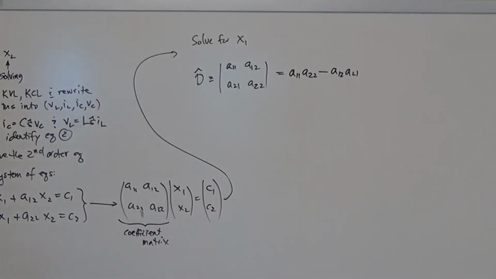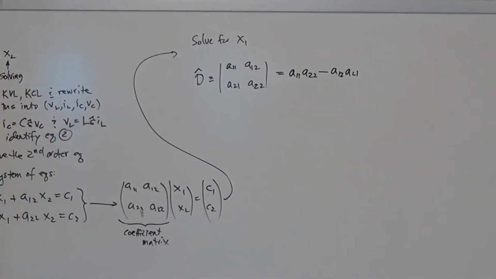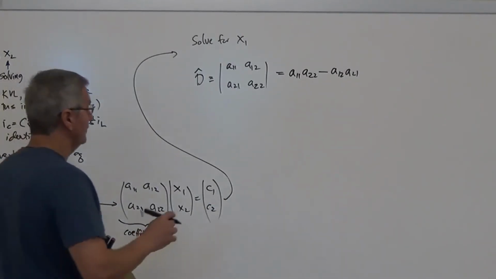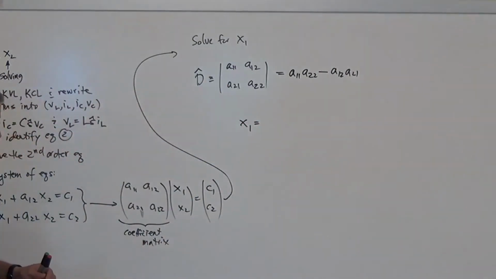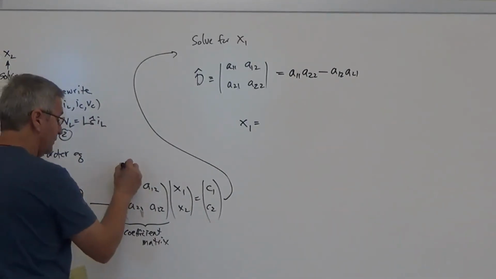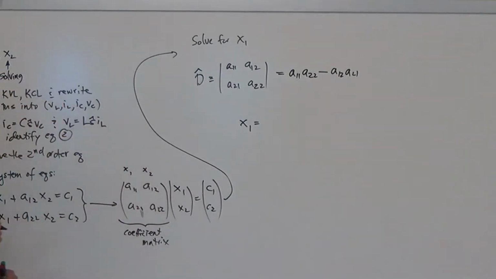So now, here's what this equation says. Let me see if you can understand what I'm saying. I'm going to write it one way just to help you understand, and then I'm not going to do that again, because it's not efficient in terms of time. When we solve for x1, we look at this matrix, and remember this column is with the x1s and this column is with the x2s.